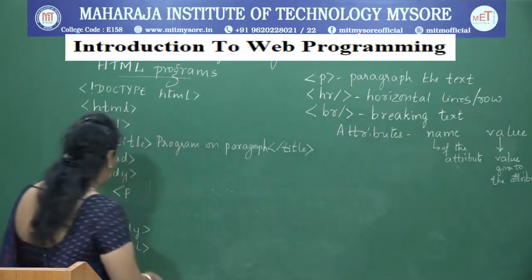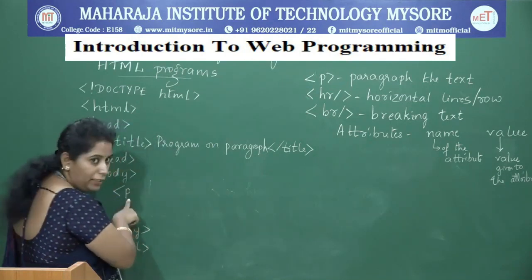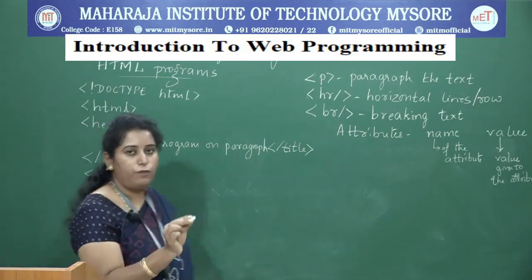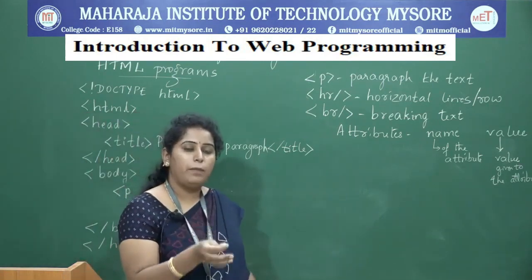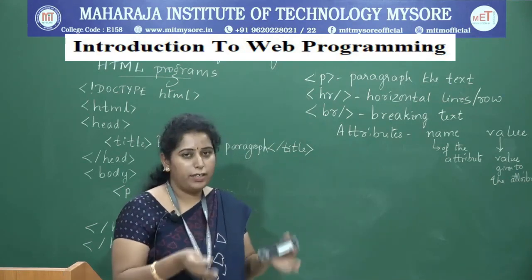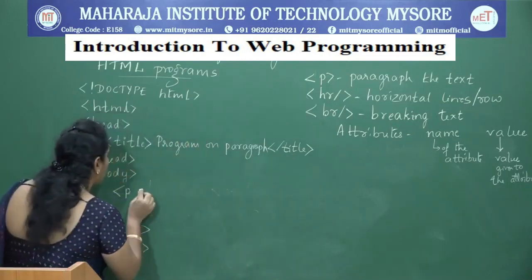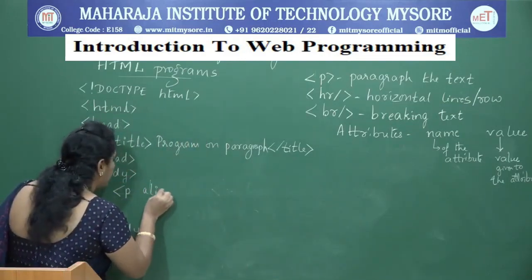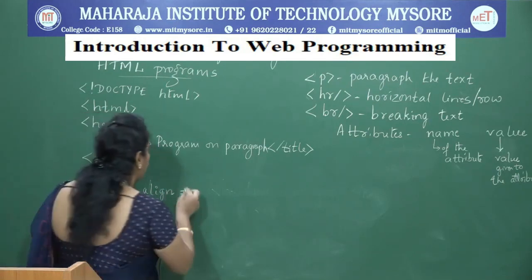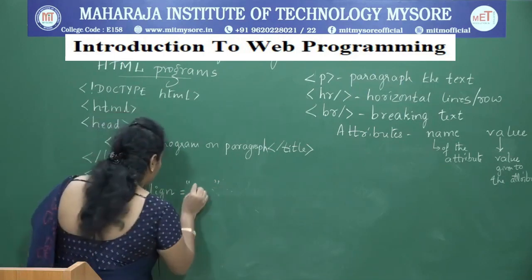So now this is the opening tag and I am going to use an attribute here. Since P stands for paragraph, a paragraph can be left aligned, right aligned, or center. So now the attribute name is align equals, and the value should be in double quotes, left.